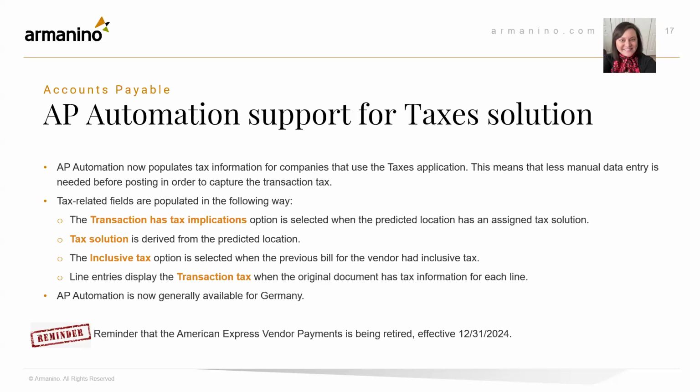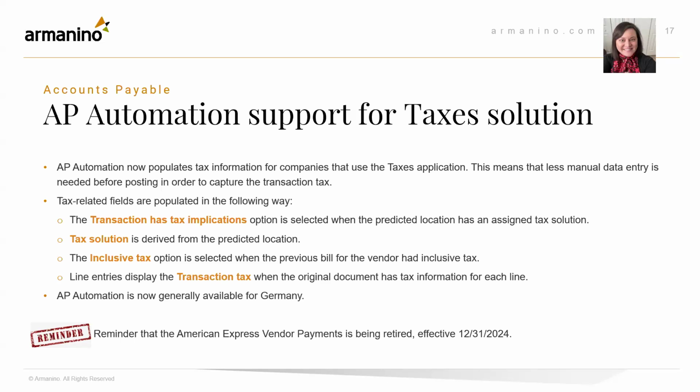And then in the taxes solution, the AP automation now has support within the taxes solution to automatically utilize AI and machine learning to input or recommend different tax data to be automatically entered within those transactions.